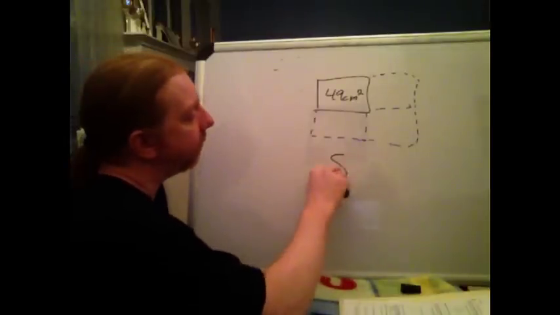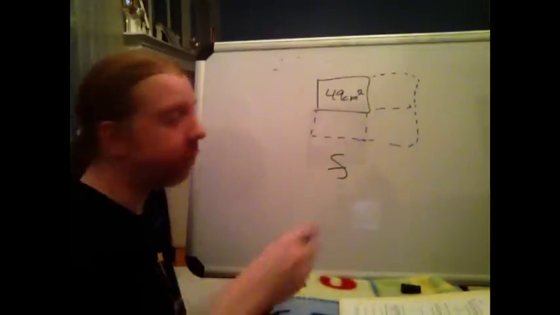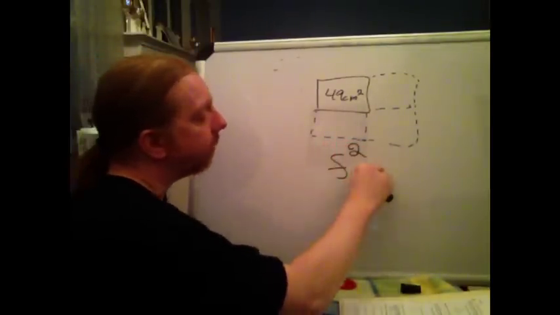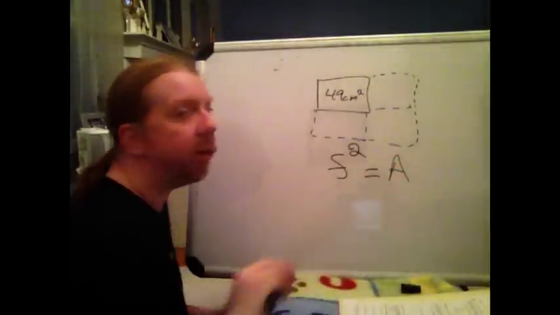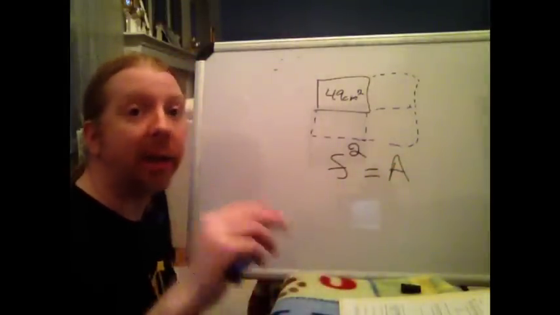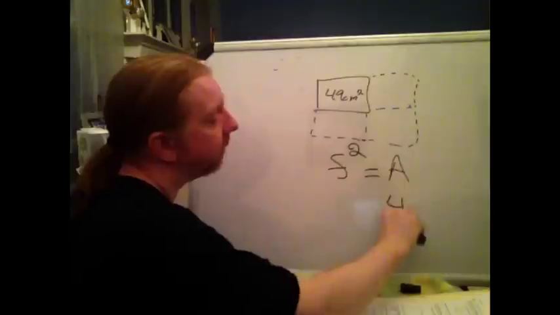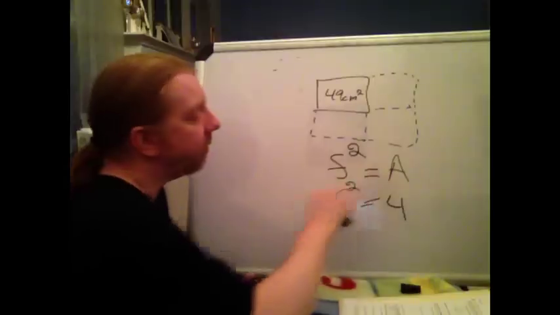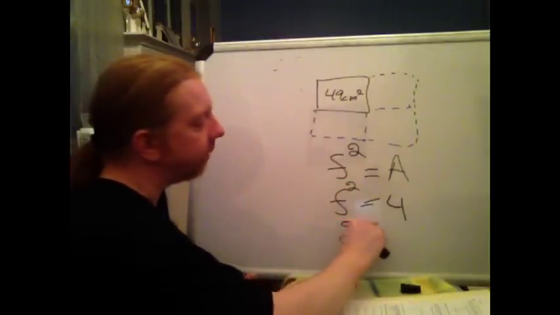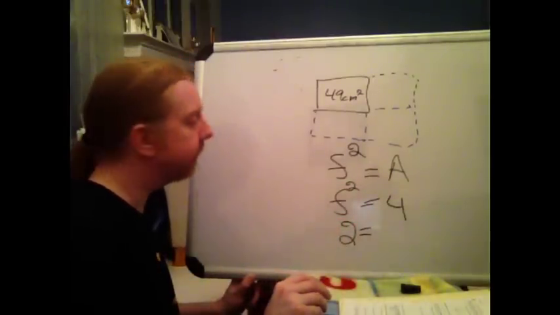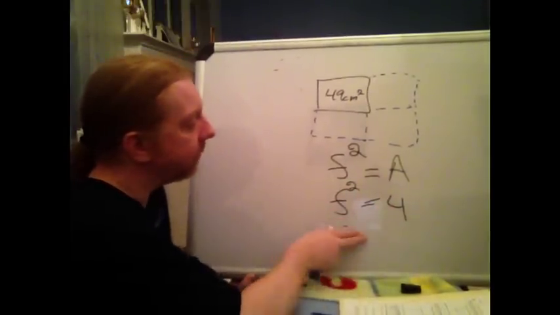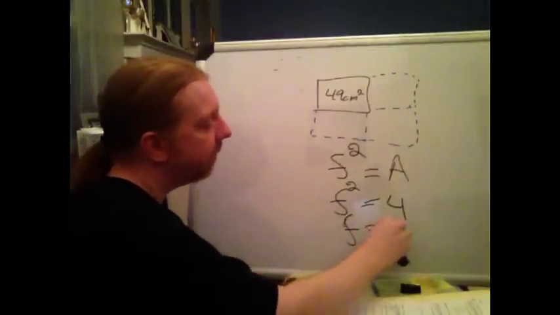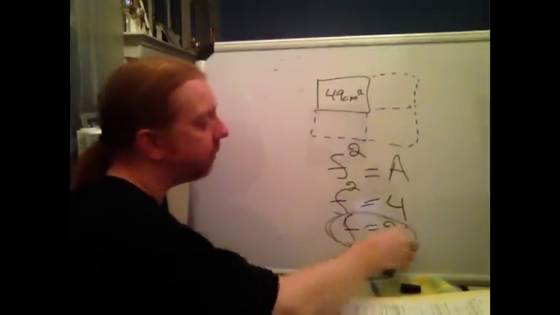The factor by which I'm increasing the measurements squared will tell me how much the area is increased by. And I can work that backwards. Since I know the area was increased by a factor of 4, the dimensions must have been increased by a factor of 2. If I take the square root of both sides, I can get f by itself, and I see that that factor would have to be 2.